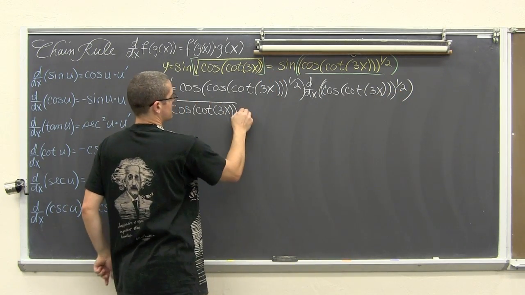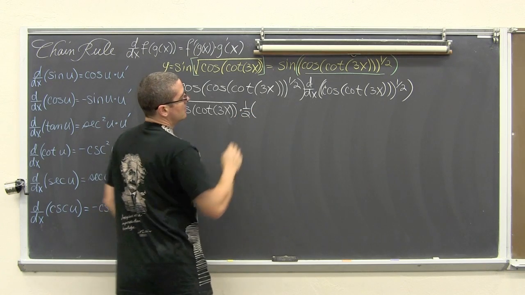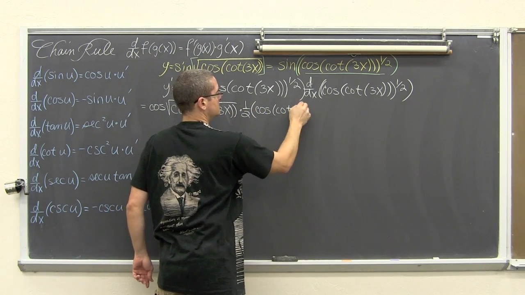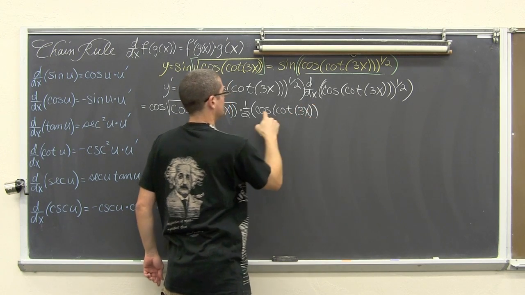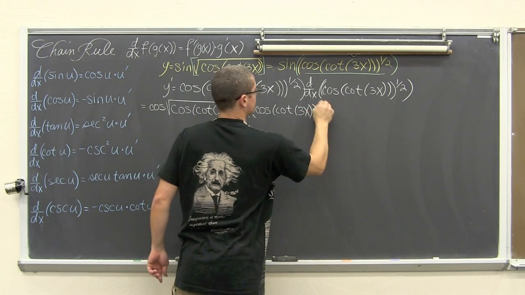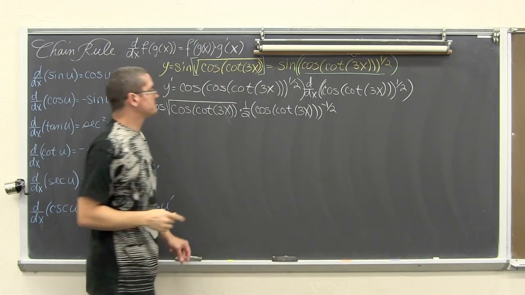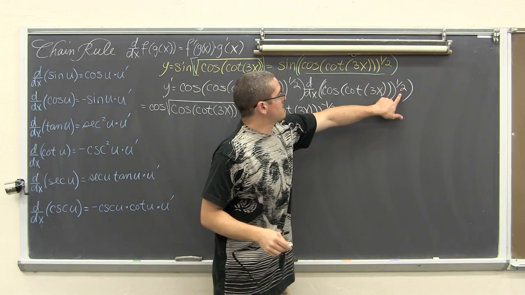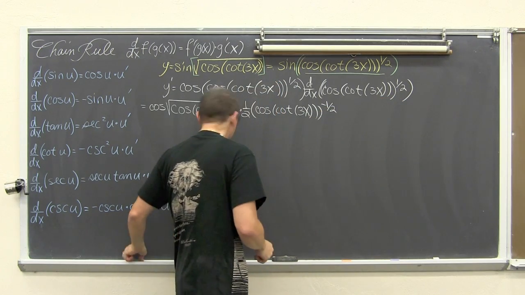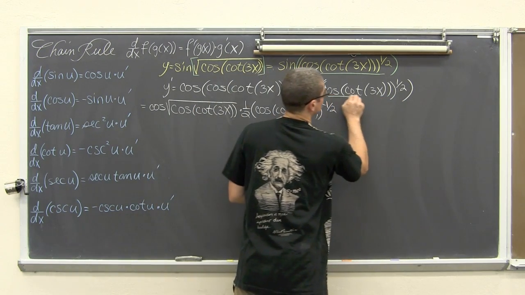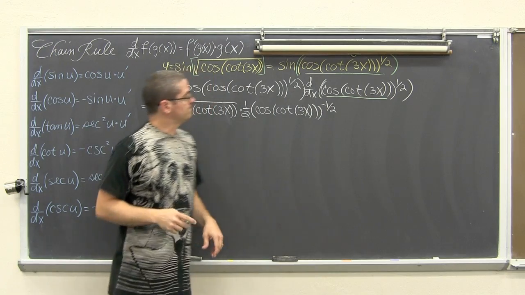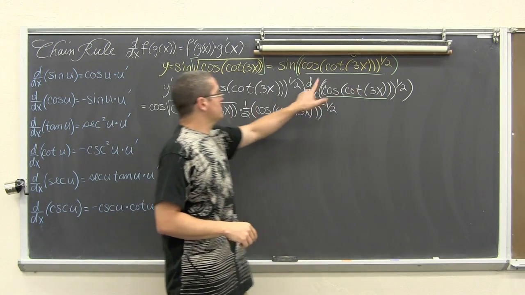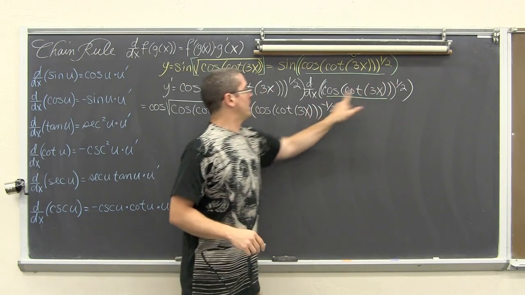Now I'm taking the derivative, so times 1/2 of all of this to the negative 1/2 power. All of this is my u, my inside function. I've taken my power, dropped it out front, and reduced my power by 1.